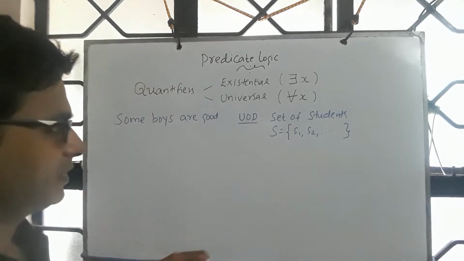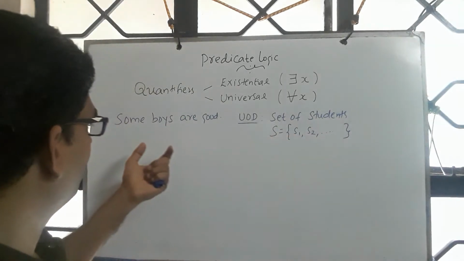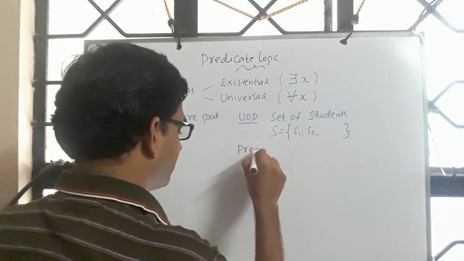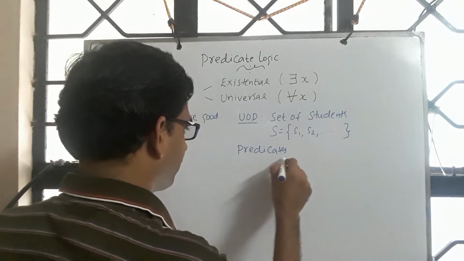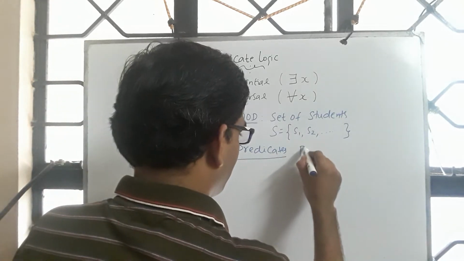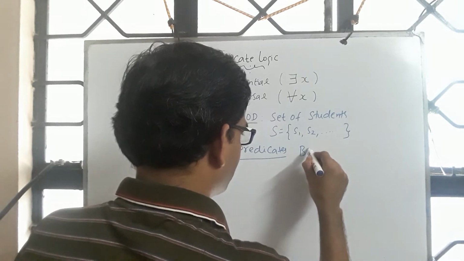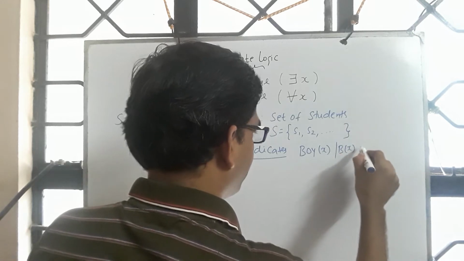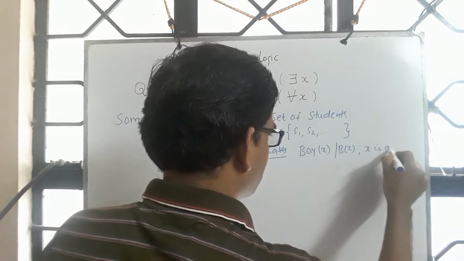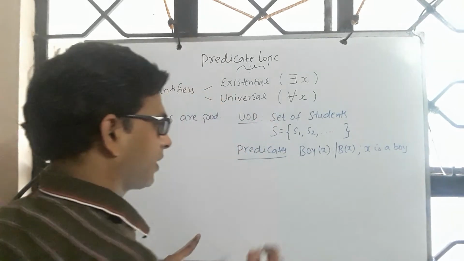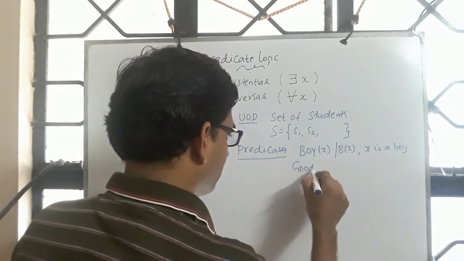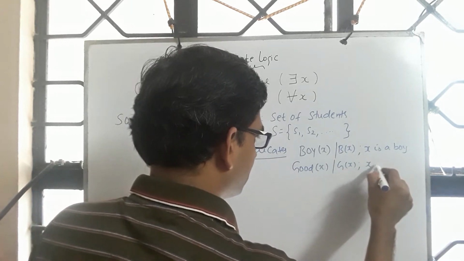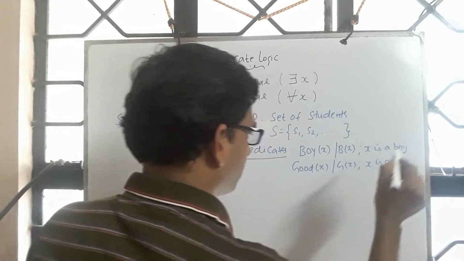And some students are boys, some students are girls, and we want to express this. Then I define these predicates. I say boy of X or B of X. So boy of X, or just for my convenience I write B of X, which means X is a boy. Then I define something called good of X, or say G of X, which means X is good.